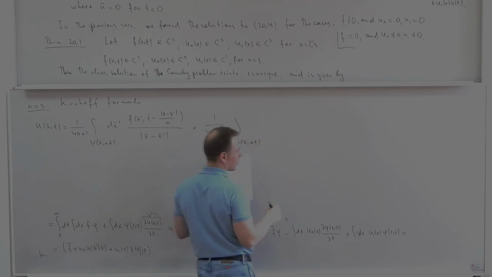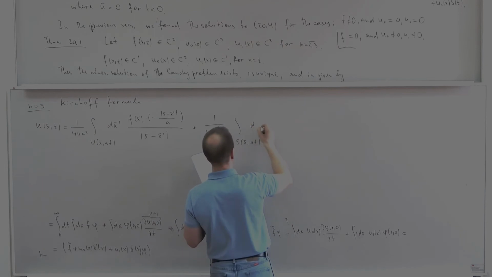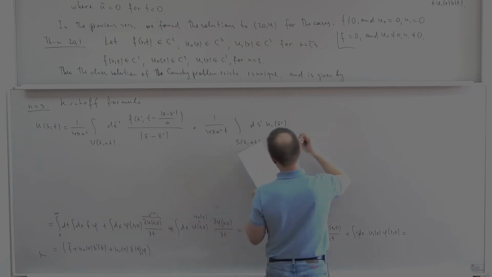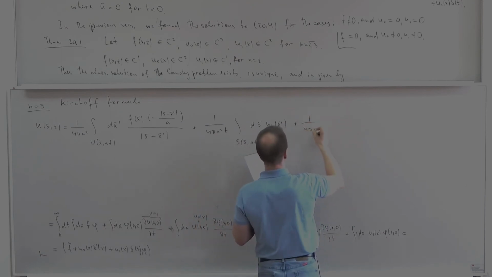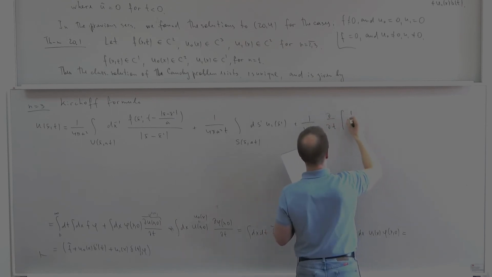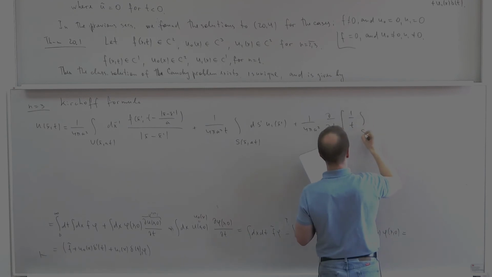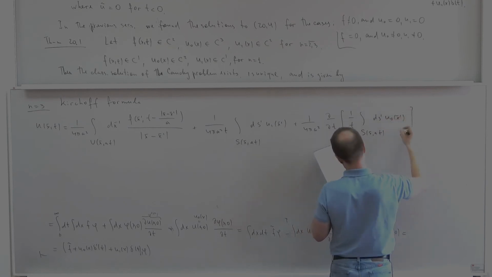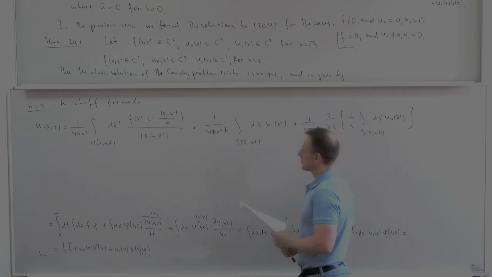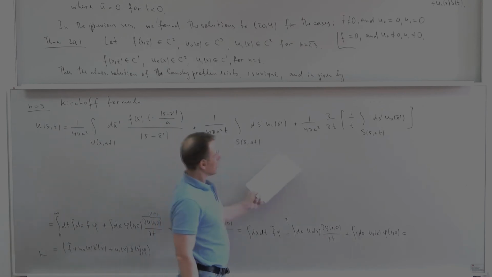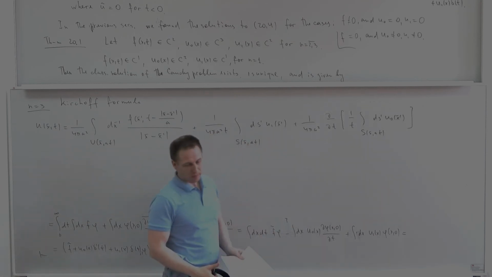And all the notations are taken from those formulas. For example, this is the retarded potential V, this is the retarded potential V0, and this is the retarded potential V1.